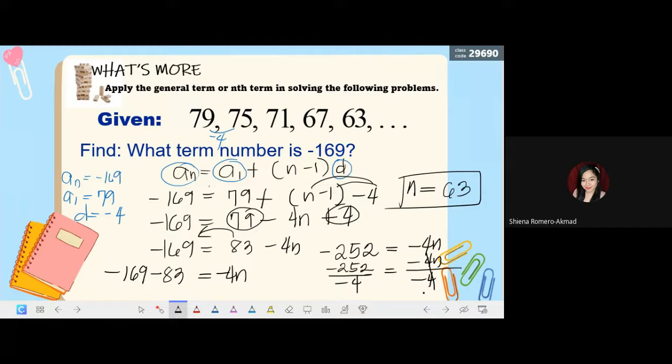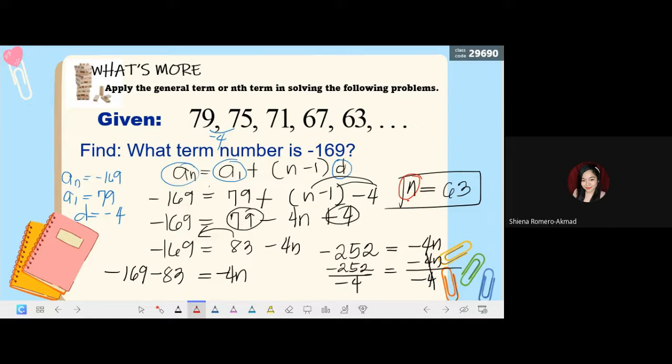Positive 63. So, ano yung kailangan nyo tandaan? Kapag n ang hinahanap, wala tayong negative. Okay? Wala ring fraction. Wala rin yung decimal. Kasi that's non-negative. And at the same time, counting number siya. So, sasabihin mo kung pang ilang term, hindi mo pwedeng sabihin pang kalahati siya na pwesto.